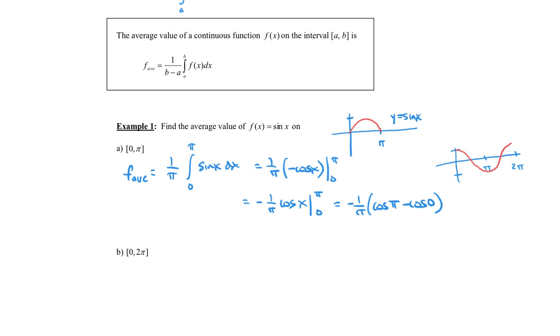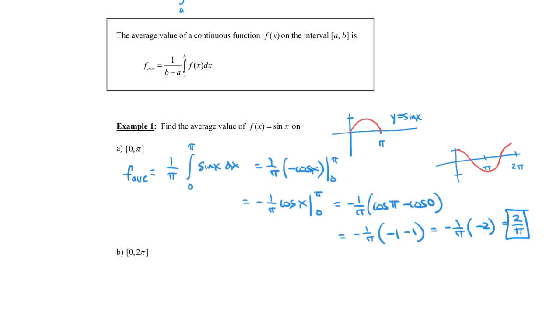We can see right here the cosine of pi is negative 1, cosine of 0 is 1. So this is going to give us negative 1 over pi times negative 1 minus 1, which gives us negative 1 over pi times negative 2, or 2 over pi. So the average value is 2 over pi.